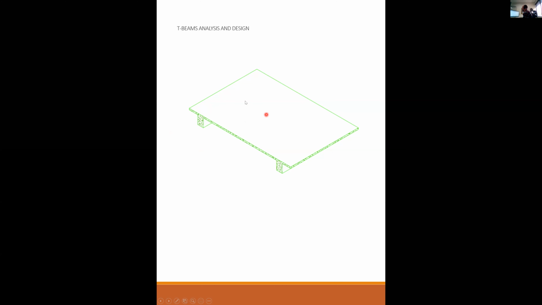We are not spanning this way with the beam. The beams are spanning this way. Everybody see my cursor? They're spanning along the length of the beam. But this concrete is in fact here.